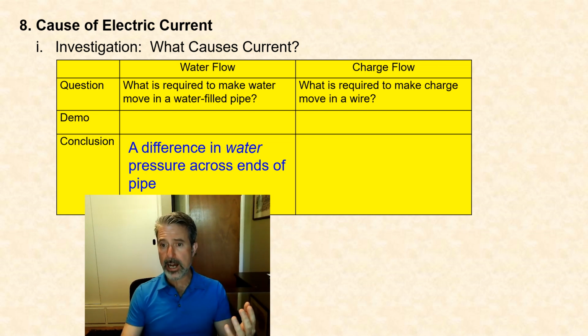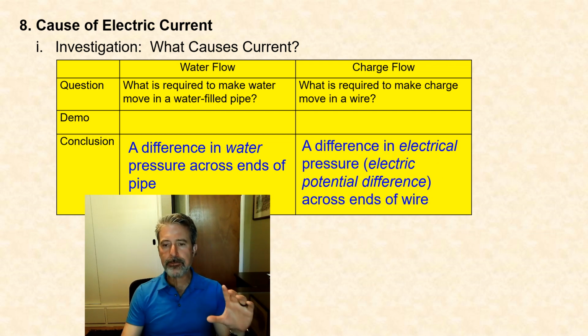In a similar fashion, when we ask the question, what is required to make charge flow in a wire, we can similarly say that it is a difference in electrical pressure, that is an electric potential difference across the ends of the wire, that will make charge flow from the high pressure side to the low pressure side of the wire.